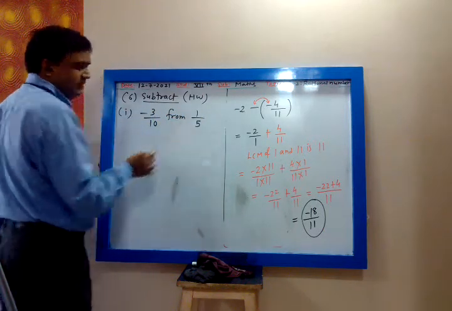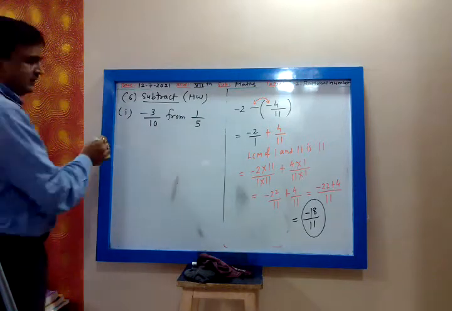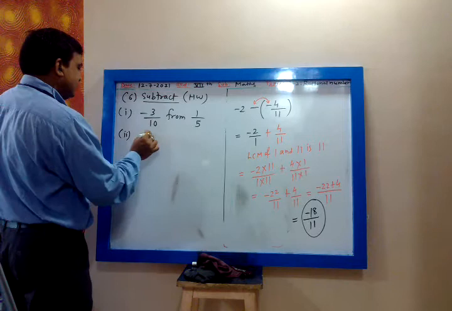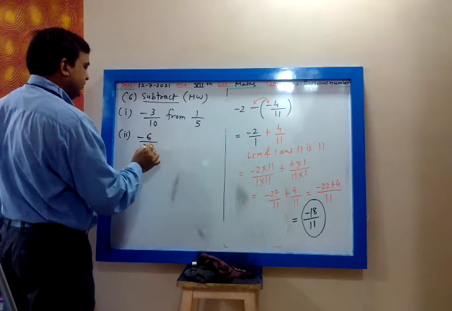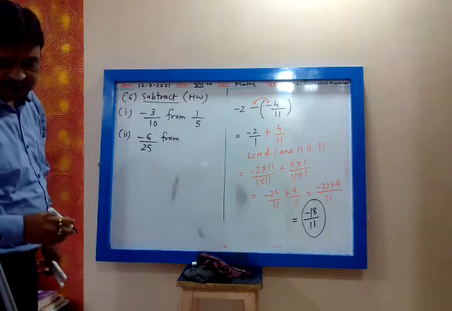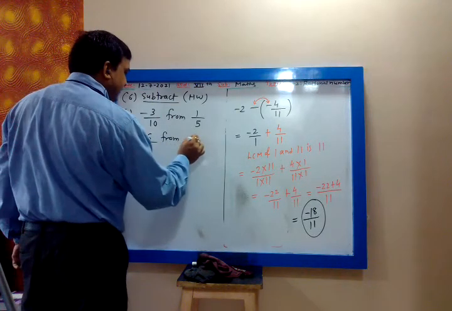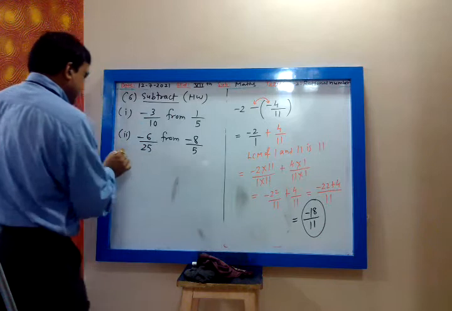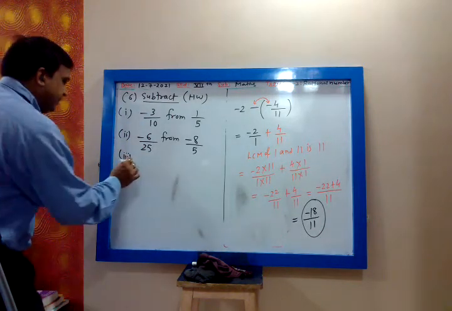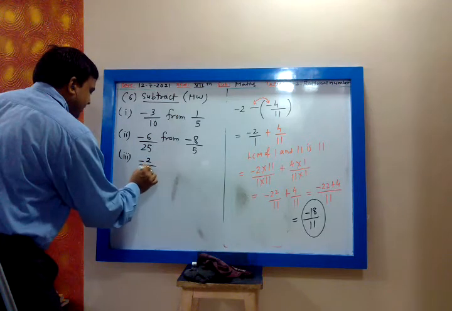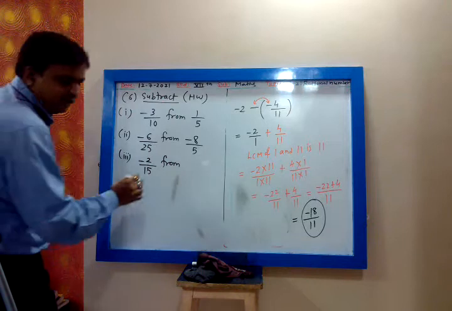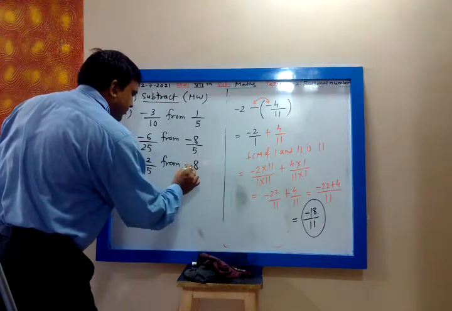Then subtract minus 6 upon 25 from minus 8 upon 5, subtract means minus sign. Then third, subtract minus 2 upon 15 from minus 8 upon 15.